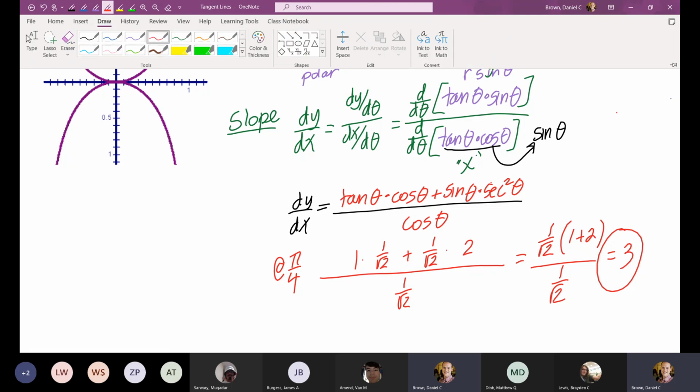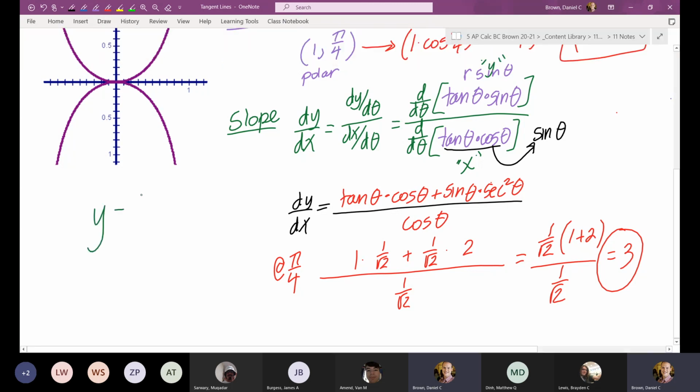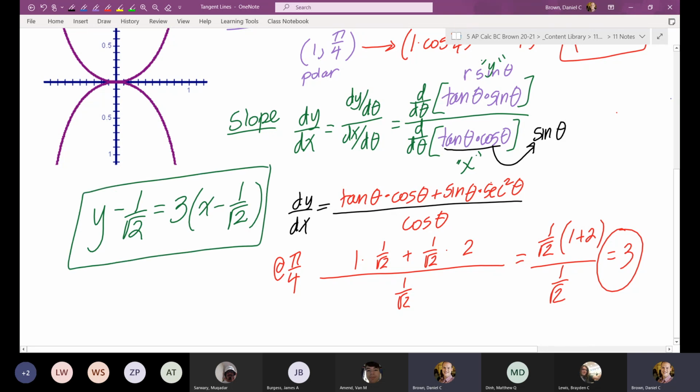So what is my tangent line? My tangent line is y minus that y coordinate in rectangular form is equal to the slope times x minus the x coordinate in rectangular form. And there is my tangent line. Again, what's the hard part? None of it. What's the tedious part? Finding the first derivative of a polar function. You have to remember to rewrite it.